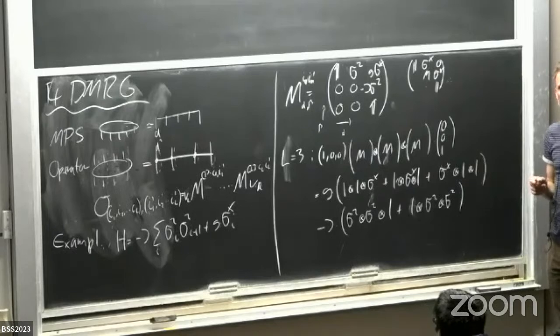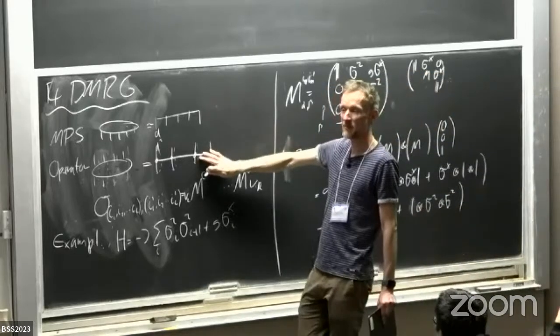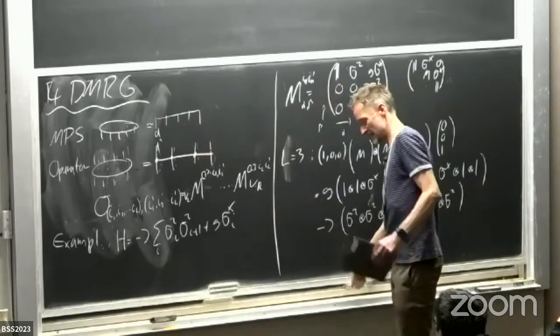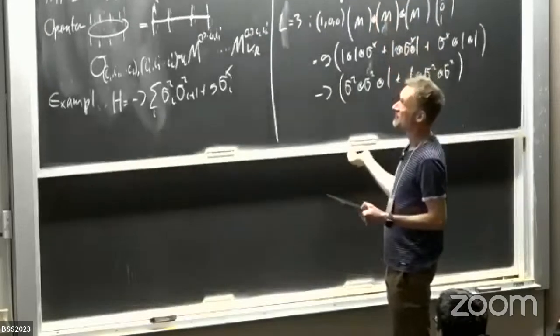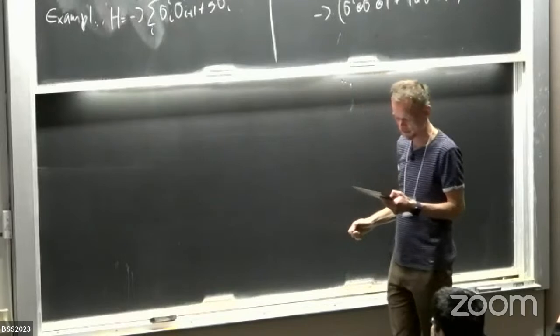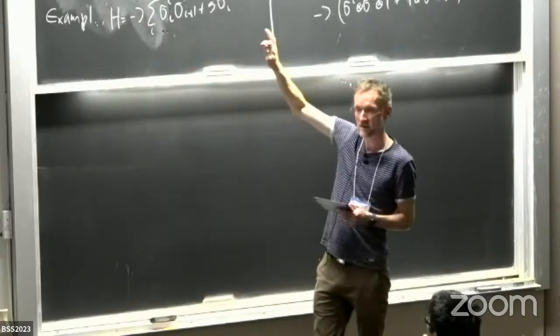Good. So now we can represent states in terms of matrix product states and operators in terms of matrix product operators. And now we basically have all the tools that we need. Let's say that we have our Hamiltonian expressed in terms of an MPO.